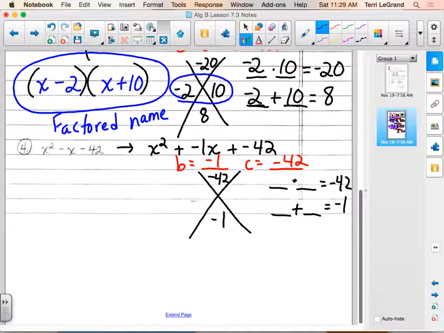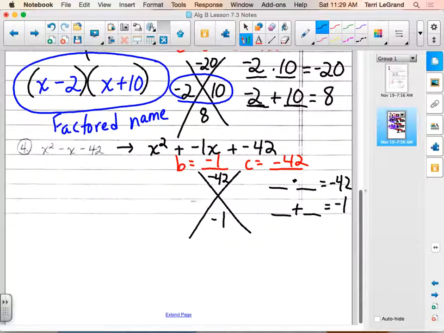If it has to multiply to be a negative, one's going to be negative, one's going to be positive. And so then when we're talking about the factors of it, we're going to say what factors have a distance between them of, even though this is negative 1 right now, we're just going to focus on the two factors of 42. We're going to not worry about the negatives right now. The two factors of 42 have to be 1 unit of distance apart.